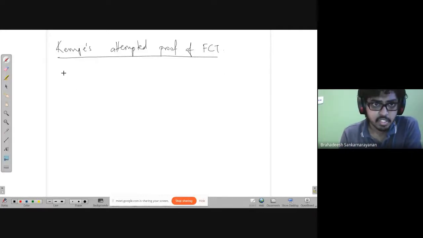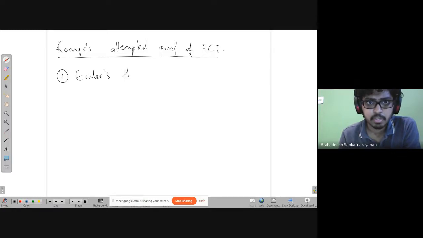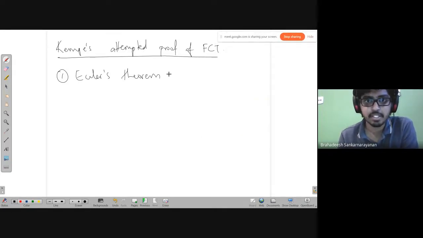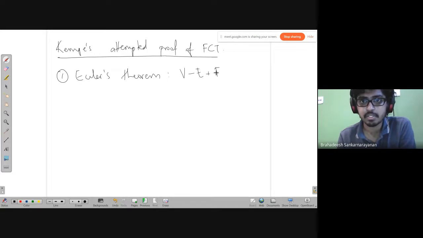Okay, so the first ingredient is something called Euler's theorem. Does anyone know Euler's theorem? This is not the complex analysis one, not the one that I printed on the first page. This is V minus E plus F is equal to 2. Has everyone seen this?